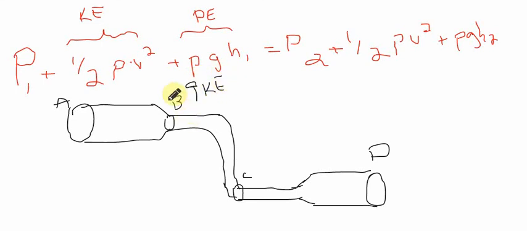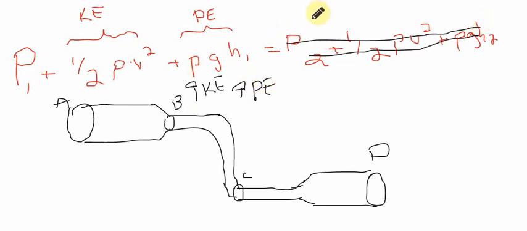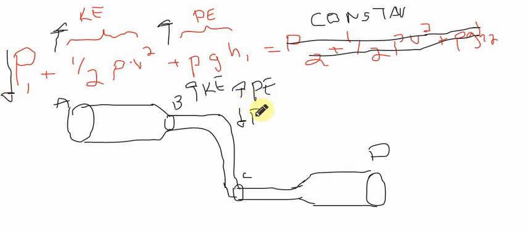Also, B is at a greater height than, let's say, C or D, so it's going to have a high potential energy. So let's suppose we are holding this constant. That is how I view it. If you're increasing the potential energy and we have a high kinetic energy, in order to compensate, the pressure actually has to be low. So this is going to have low pressure.